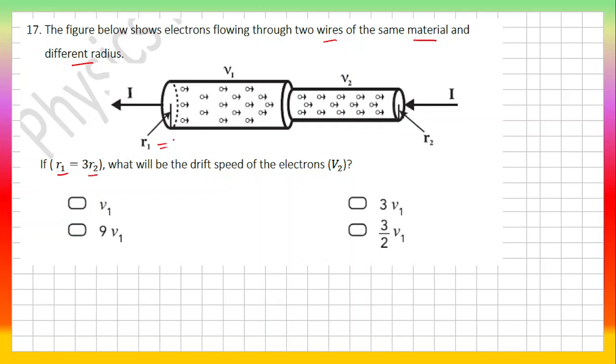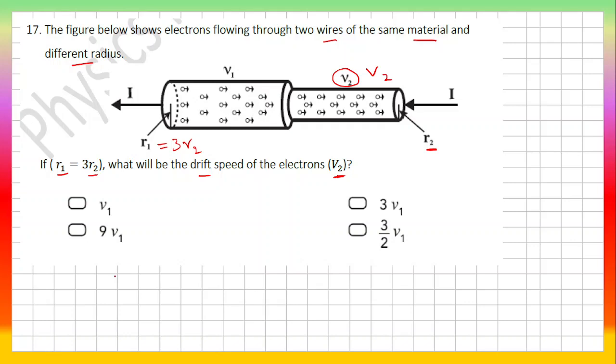R1 is 3 times this other one. The radius of R1 is 3 times the radius of the second material that we have. What will be the drift speed of the electrons V2? So we have V2 here.